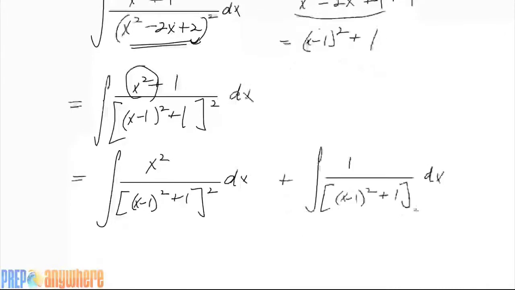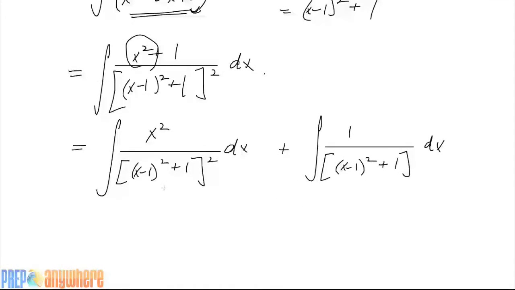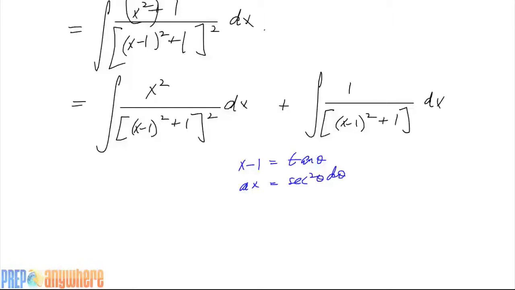Let's make the substitution. Because we have a variable squared first, we let x minus 1 equal tangent of theta. So you get dx equal to secant squared theta d theta.